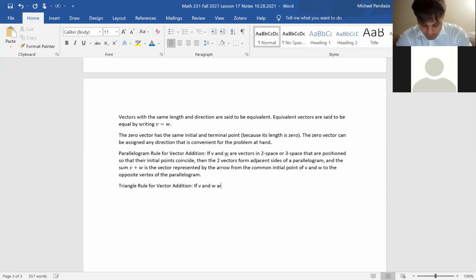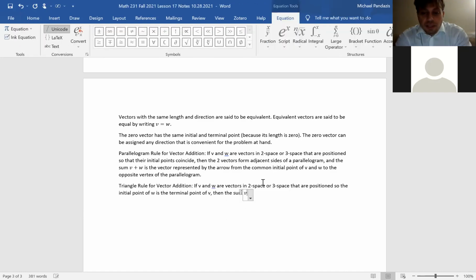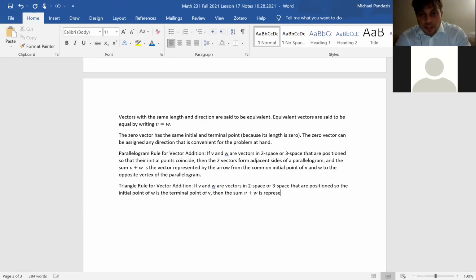Okay, that says if V and W are vectors in 2 space or 3 space, so this argument holds for 3 space also, that are positioned so that the initial point of W is the terminal point of V, then the sum V plus W is represented by the arrow from the initial point of V to the terminal point of W. So this is called the triangle rule for vector addition.